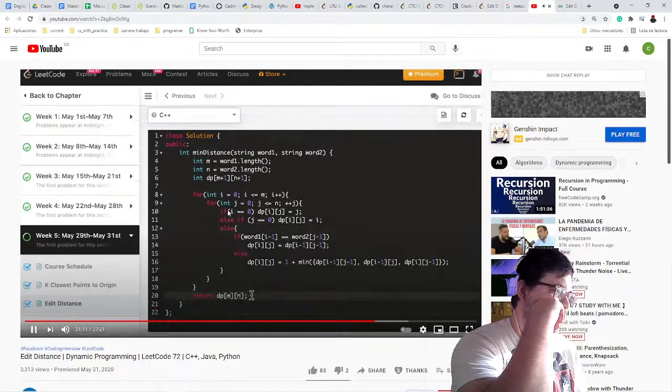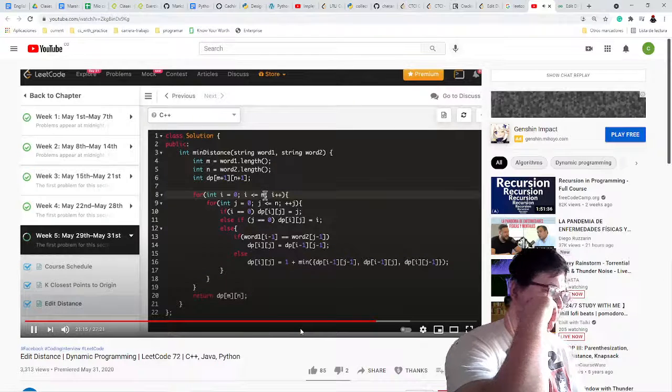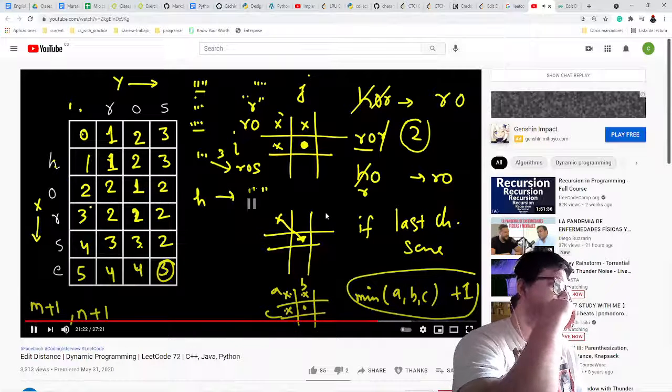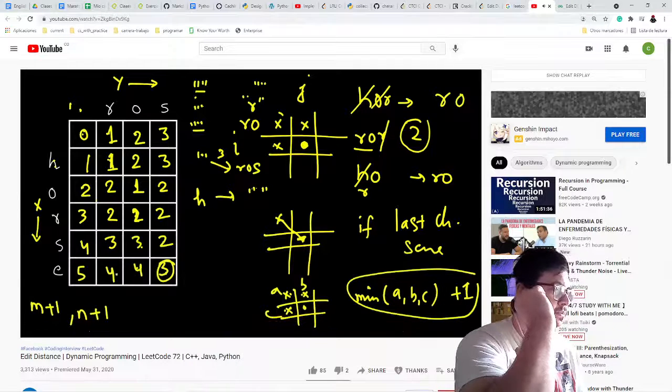Now we will do this same thing in Java and Python, and for those of you who are concerned about the time complexity here, the time it takes is for filling this dp table. And what is the dimension of this dp table?